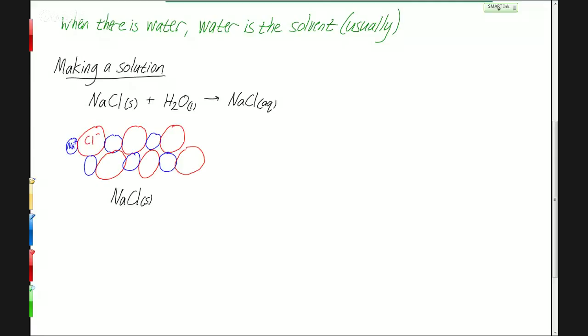So what does water look like at the molecular scale? Well, water is also a network. Remember we talked about these hydrogen bonds in water? It's a network of water molecules all stuck together with these hydrogen bonds. So let's draw that.